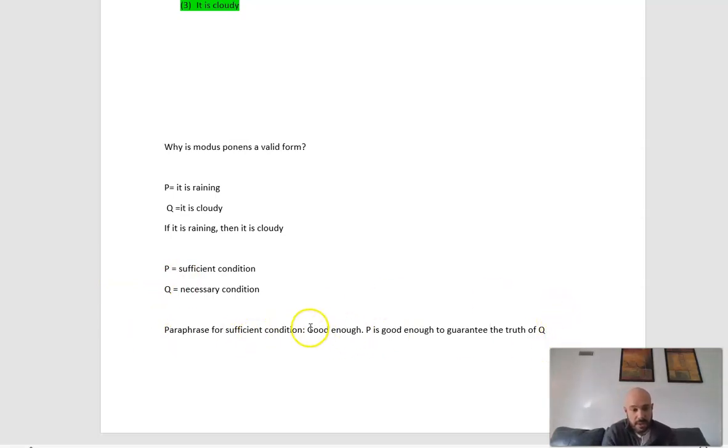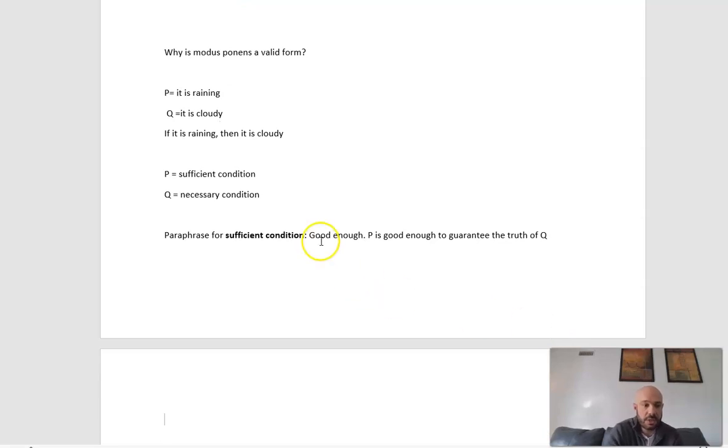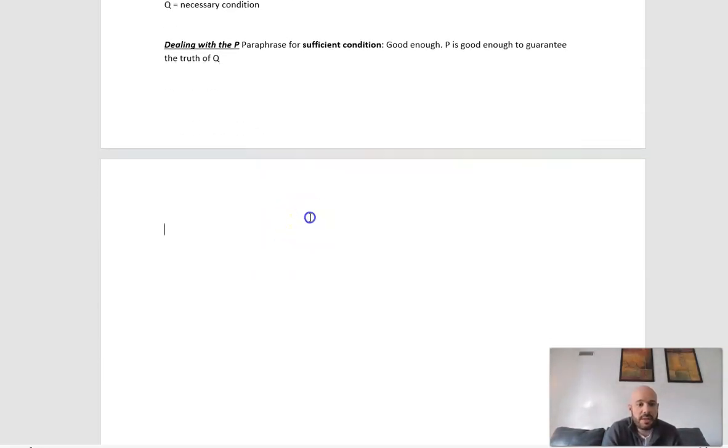Now, what about the necessary conditions? Remember, the sufficient condition is dealing with P, and the necessary condition is going to be dealing with the Q. The paraphrase for the necessary condition is "it would be required for."